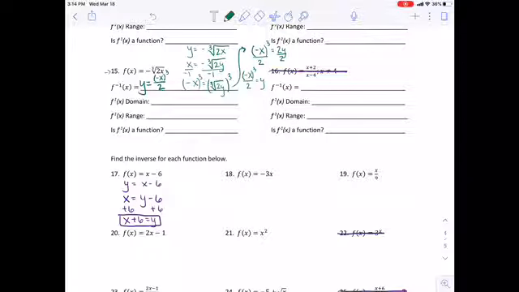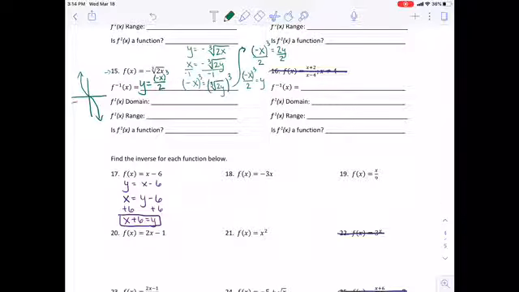Now, for my domain and range, I'm going to think about what the graph of this looks like. I know it's a third power function, and if you graph this on Desmos, you'll see that the third power function is going to look something like this, coming down because it's negative. Now, if I look at that graph, my domain, my x values, are going from left to right.